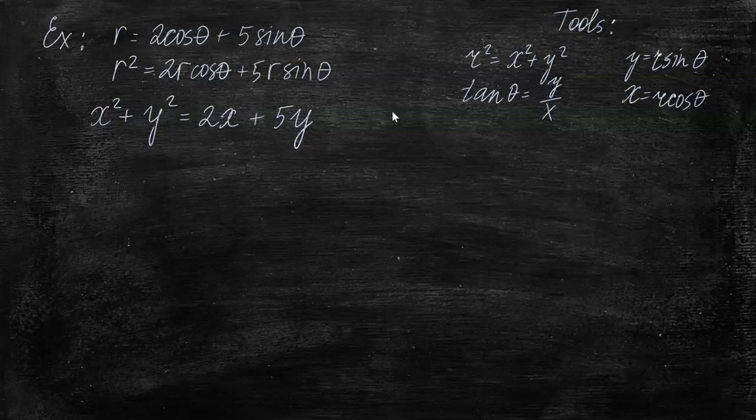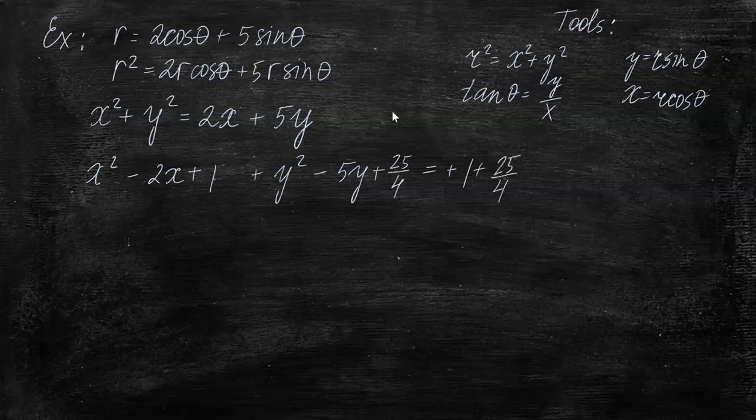Where exactly it's shifted we can figure out by completing the square. I'm just going to do it real quick for the sake of completion, but keep in mind this is just algebra. So I would add 1 over here to complete this square, and I would add half of 5 squared, which is 25 over 4, to complete this square.